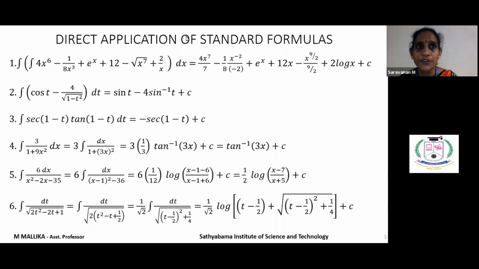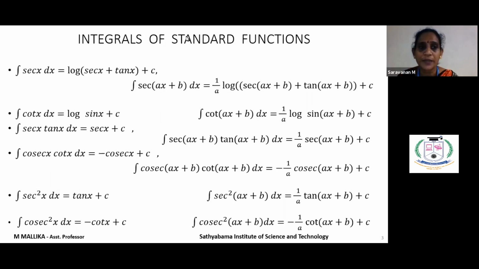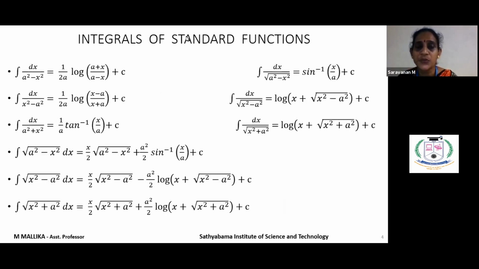Now, this is of the form 1 by x square minus a square, where a is 6. Using the formula, 1 by x square minus a square is 1 by 2a log of x minus a by x plus a.